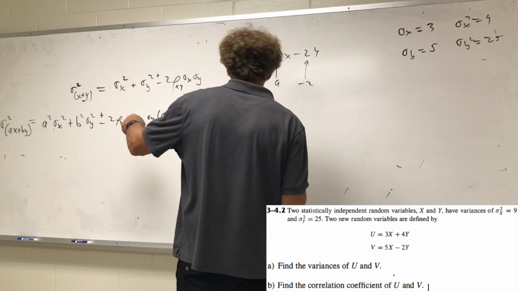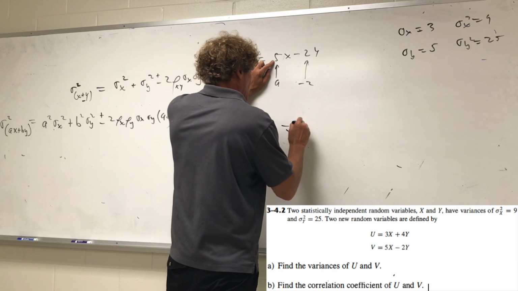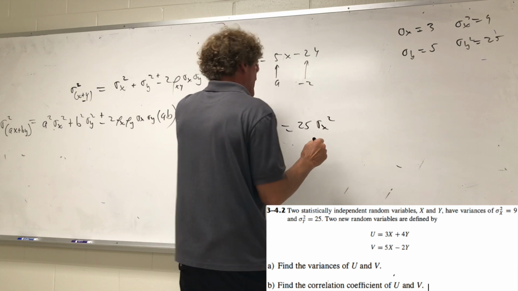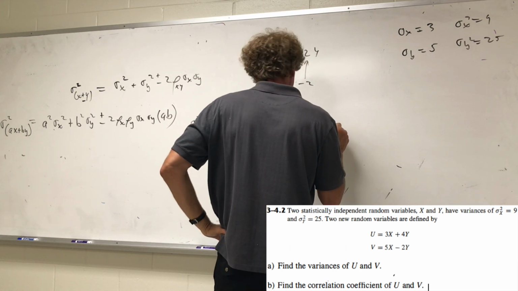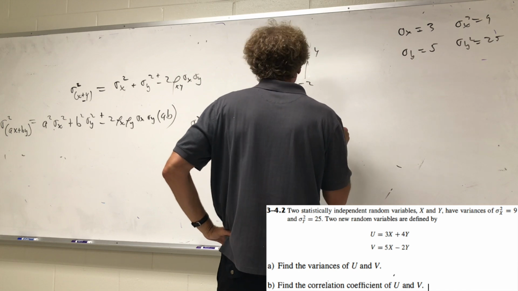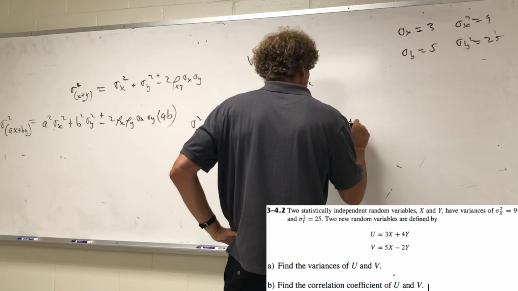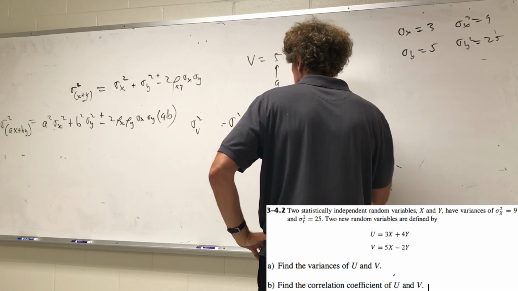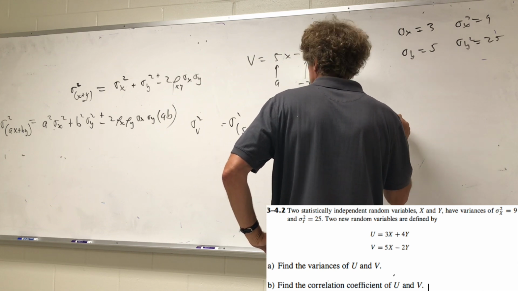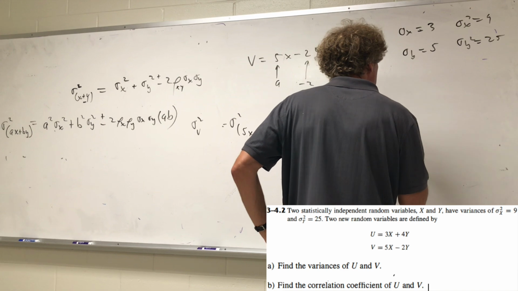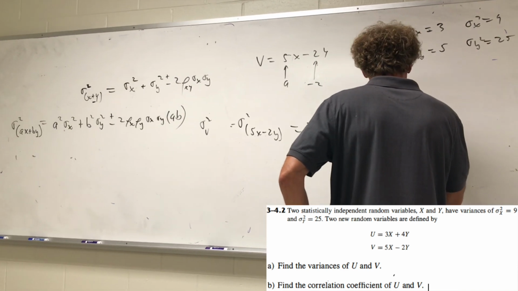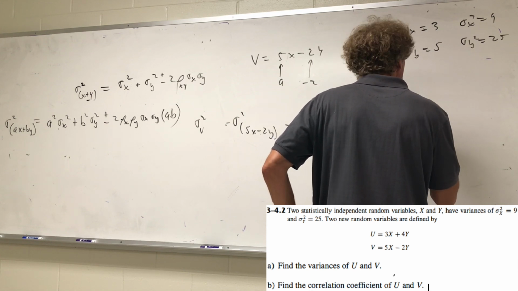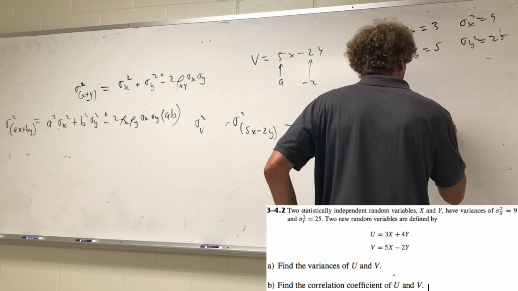Well, according to that, it's a squared. A is 5, so it would be 25 times sigma x squared. I'll write it down; we'll put in the values in a second. And then it's going to be plus, it's always plus there, b squared, which is 4 times sigma y squared. Then, now that's a minus sign, so it's going to be minus 2 times the correlation coefficient, that we'll talk about in a second, correlation coefficient of x, y. And then it's times sigma x, which is 9, times sigma y, which is 5.